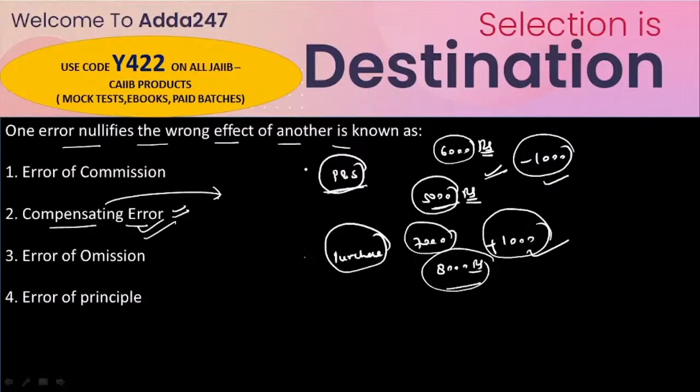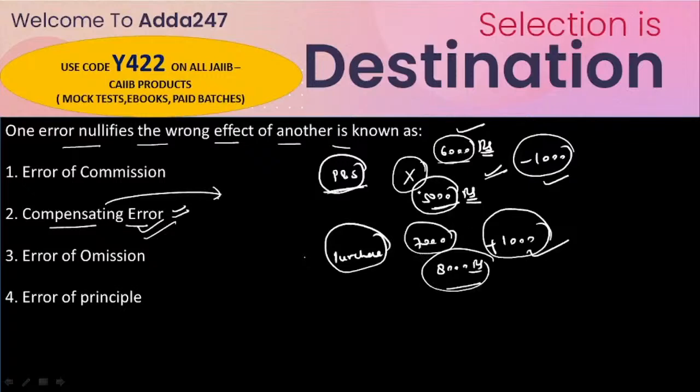Again, understand this example. Suppose the expense of the company in the printing and stationery was 6,000 rupees, and that is correct, but by mistake you posted 5,000 rupees, that is incorrect. That means you undercast this transaction by 1,000 rupees.